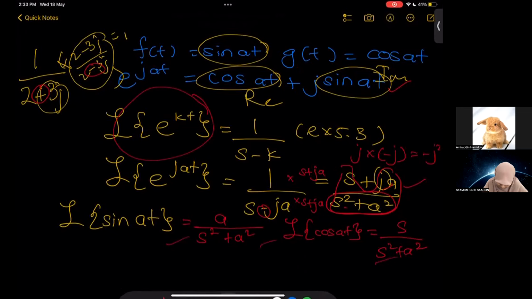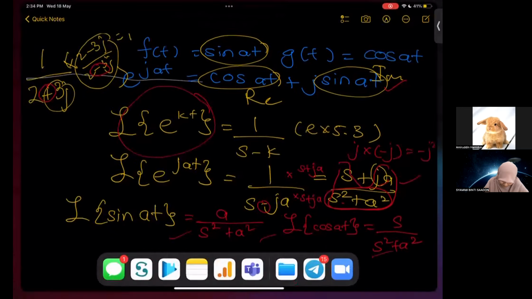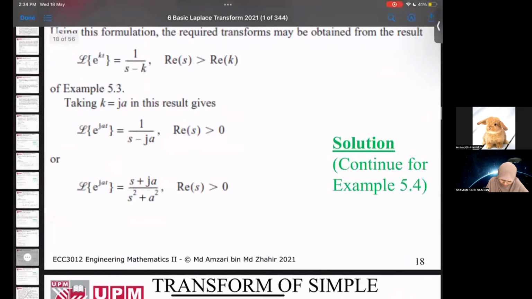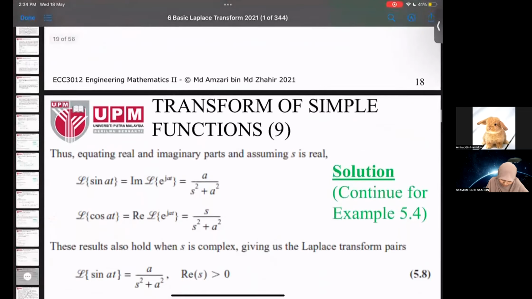Okay, nanti boleh tengok balik macam ni. Okay. So that is for example for trigonometry.